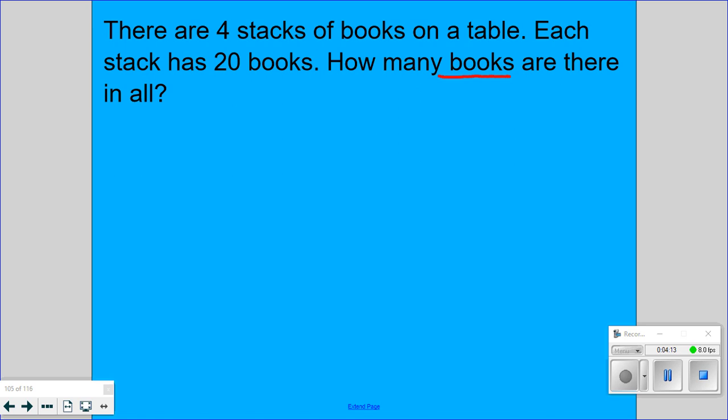Zach, what could our sentence be? She has blank books. Sure. Do you have any version of that? As long as you've got the blank books, we're good. So far, so good?